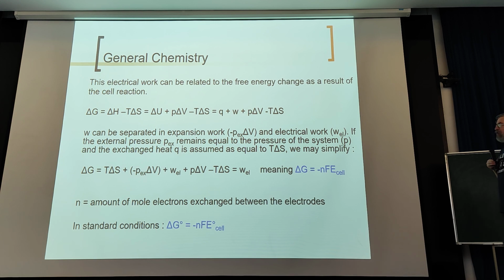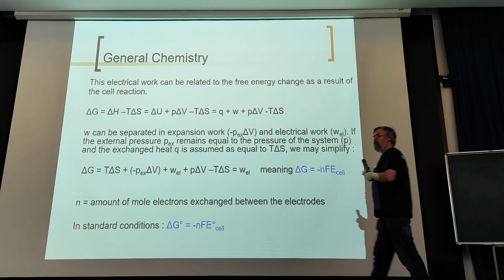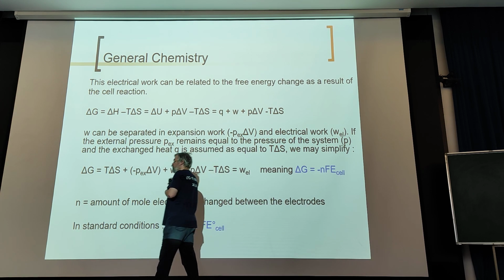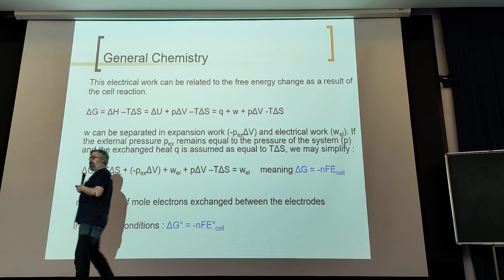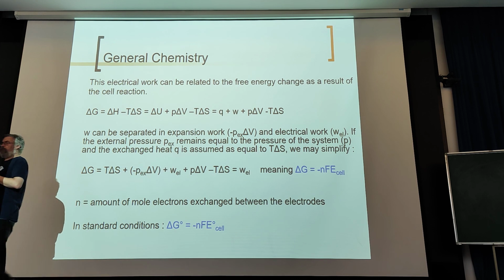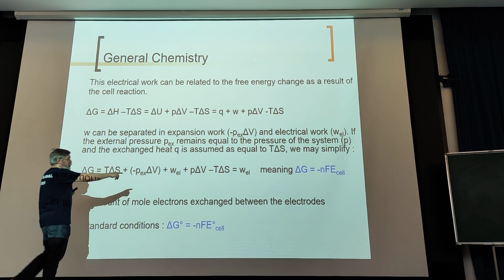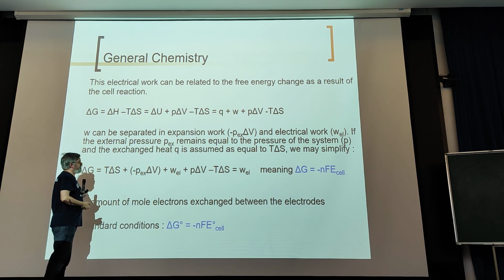So this actually can become quite, let's say, simple, especially if we keep the volume constant, or if we keep the pressure the same. In that case, T delta S we see on both sides, so we can cancel it.